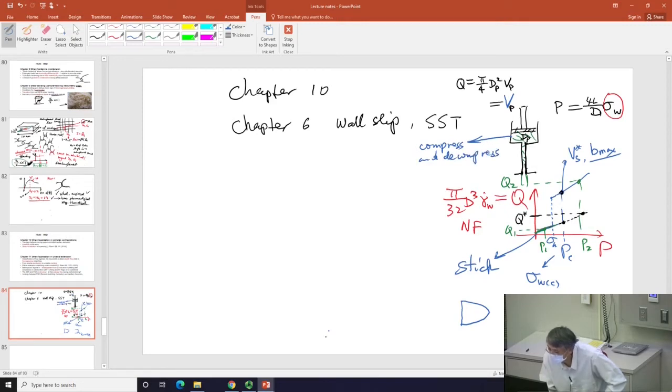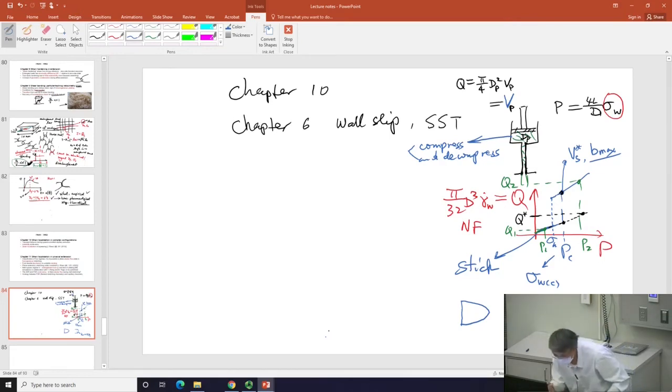The system goes crazy. It will try to oscillate between stick and slip. And because of the compression and decompression, this is possible because before you slip, it actually will compress. Now, material is unwilling to come out.